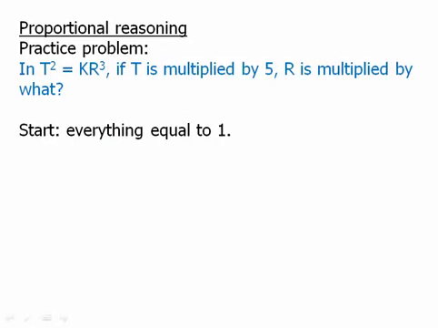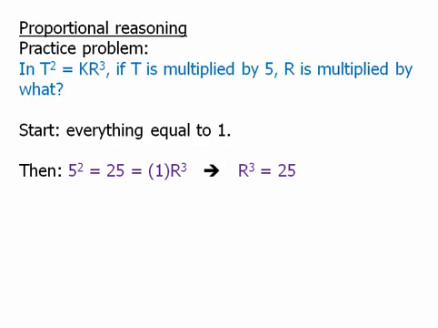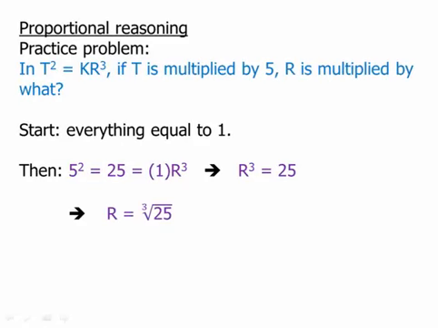Then we're going to replace t with 5 and leave r as a variable. So 5 squared, which is 25, equals 1 times r cubed. So in other words, r cubed equals 25. r equals the cube root of 25. We might also write this as the cube root of 5 squared, or 5 to the 2/3. Any one of those could be a correct form of the answer.